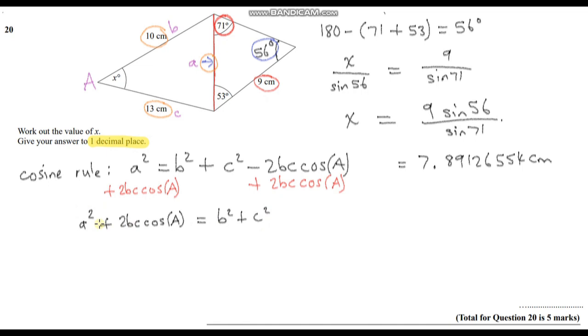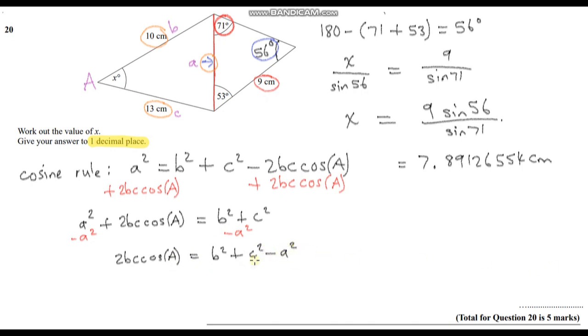Now let's get rid of this a squared from both sides. If we take away a squared from both sides, we're left with 2bc times cos of A on the left, and on the right we've got b squared plus c squared minus a squared.